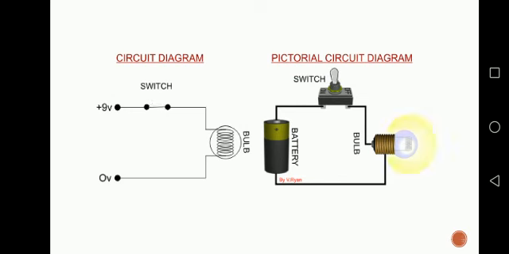Here you can see when the switch is closed, the electrons start flowing in a wire, and the bulb is on. So this is known as an electrical circuit. And here you can see the components of an electrical circuit: the battery, the switch, the load, which is the bulb, and the electrical wire. These are the components which usually make an electric circuit.